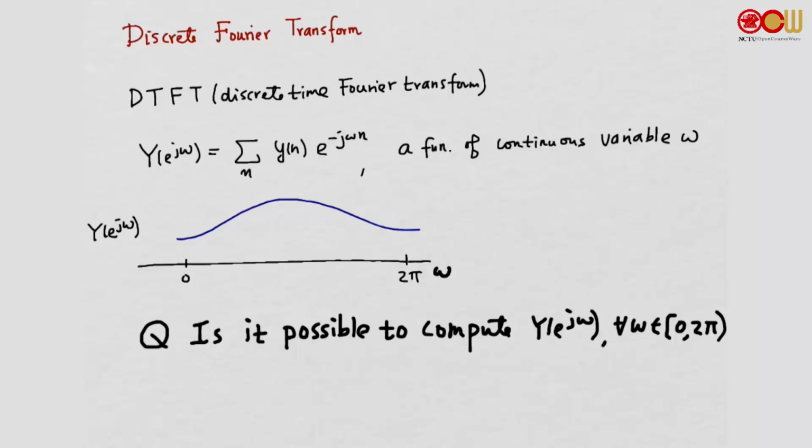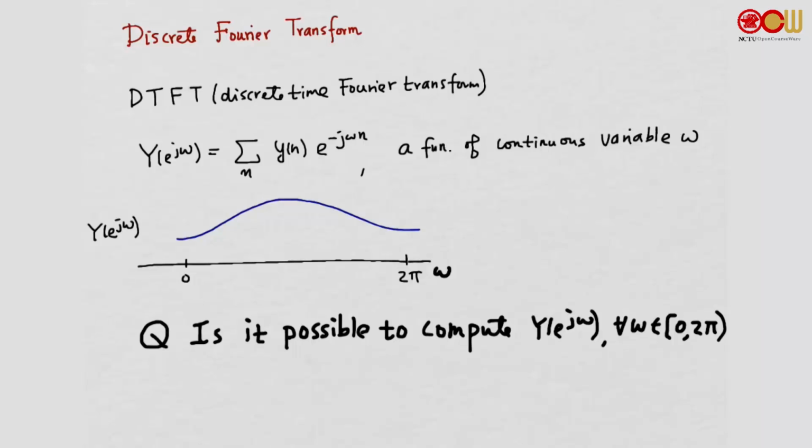There are infinitely many omega in this range. It's not even countable. So it's not possible for a computer to compute Y(e^jω) for all omega between 0 and 2 pi. So what would be a more practical approach?